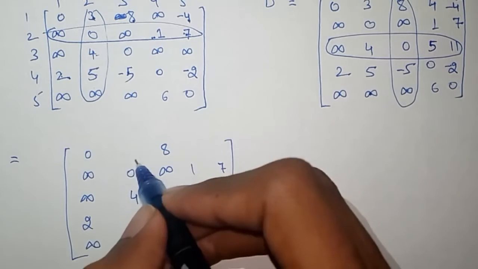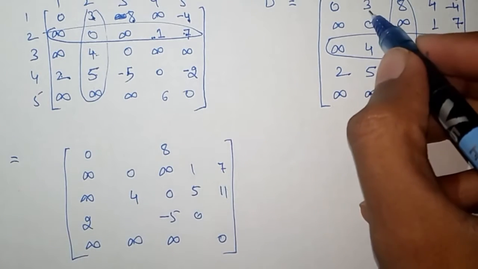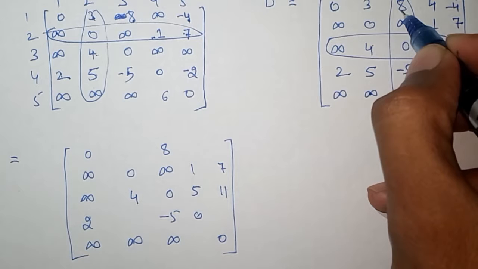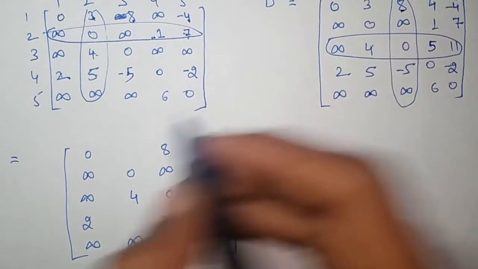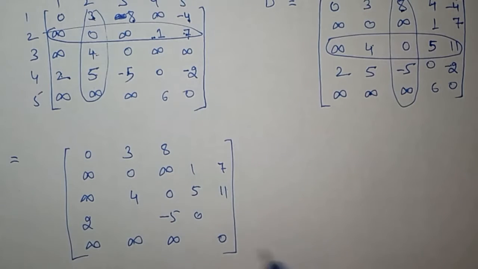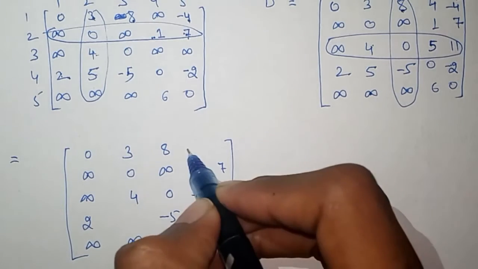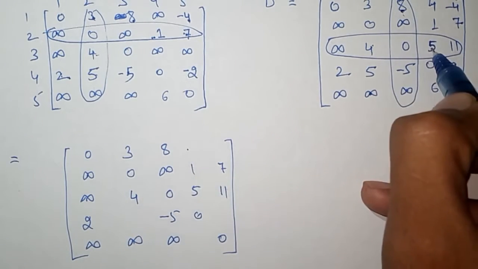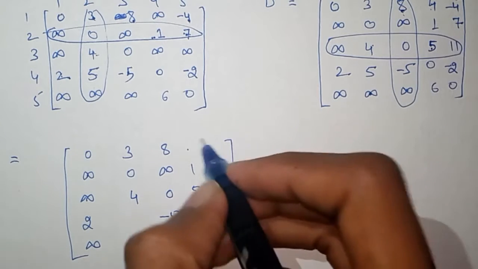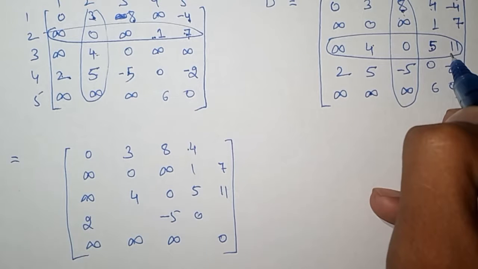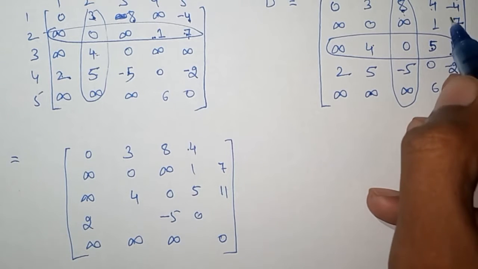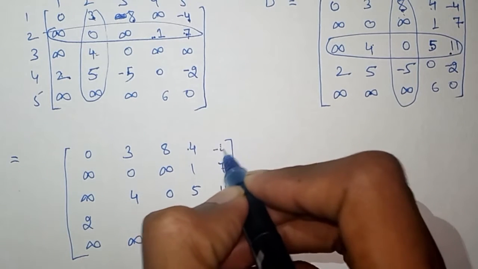So this element can be found by summing up 4 and 8, which is 12, which is not less than 3, so there is no change in the element. For this element, 8 plus 5 is 13, which is not less than 4, so there is no change, and 8 plus 11 is again 19, which is not less than -4, so there is no change.